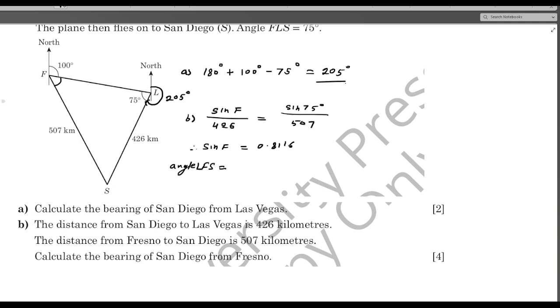So sine inverse of 0.8116. The angle is 54.3.